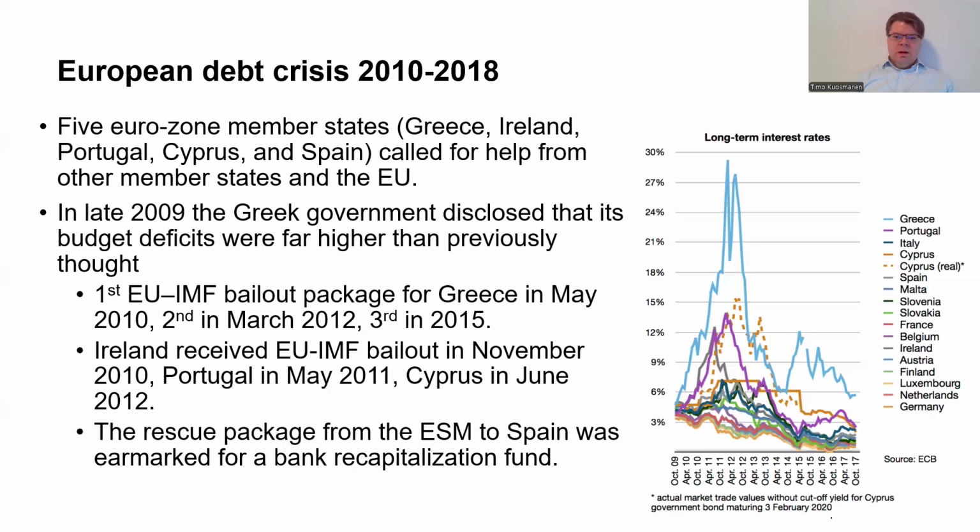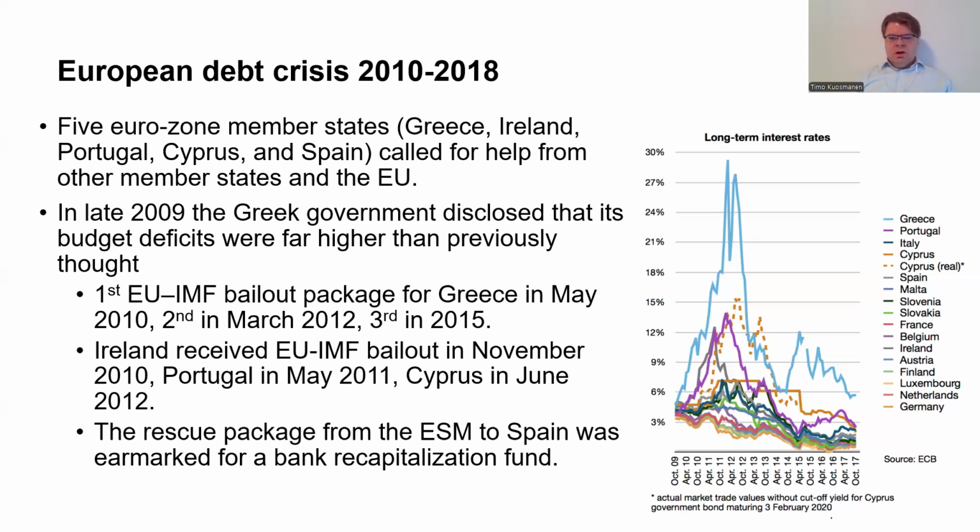In this figure below, I have taken market interest rates and how they behaved in some of the Eurozone countries. The light blue curve is that of Greece. At the worst, the interest rates reached almost 30%, which is of course very detrimental for the economy.